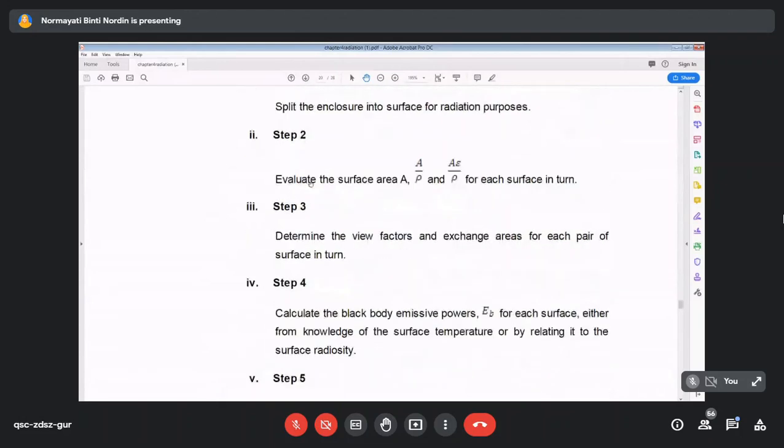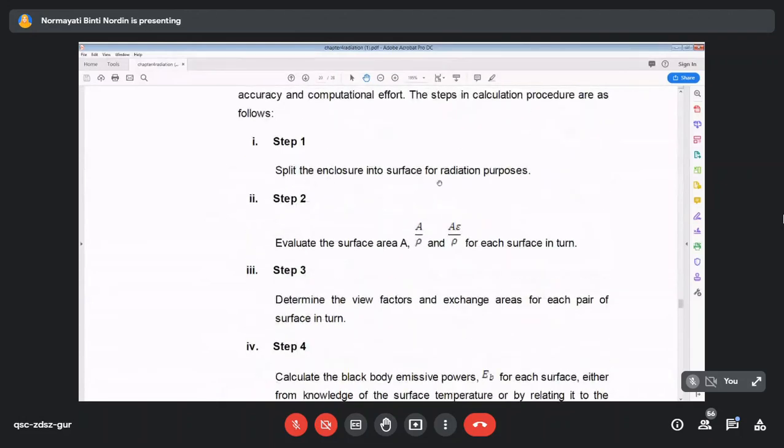So first, you need to split the zone, enclosure or your system. Second, you need to calculate all the important parameters and also the properties, including area over reflectivity and area times emissivity over reflectivity for all the zones you split earlier.